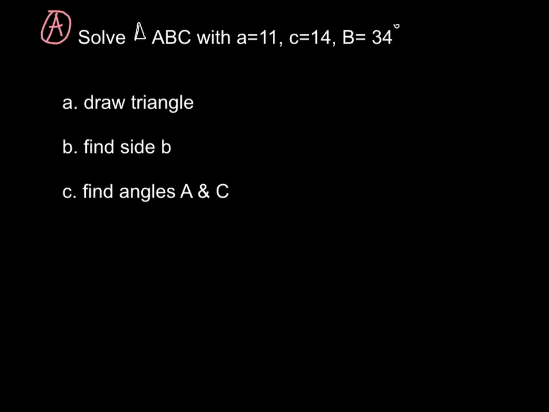So we're told to solve the triangle ABC with the side A being 11, the side C being 14, and our angle B being 34 degrees. Our first step is to draw this triangle.